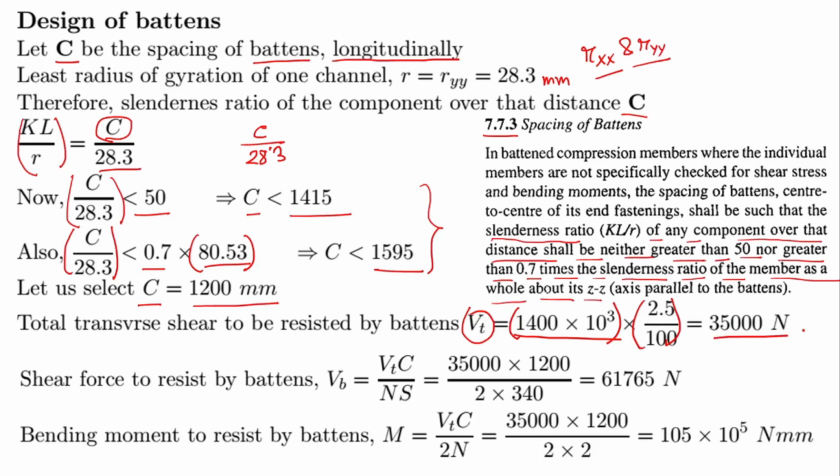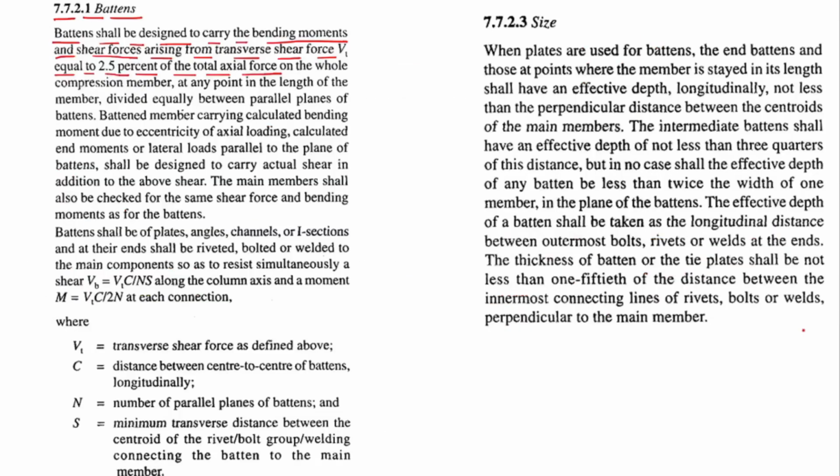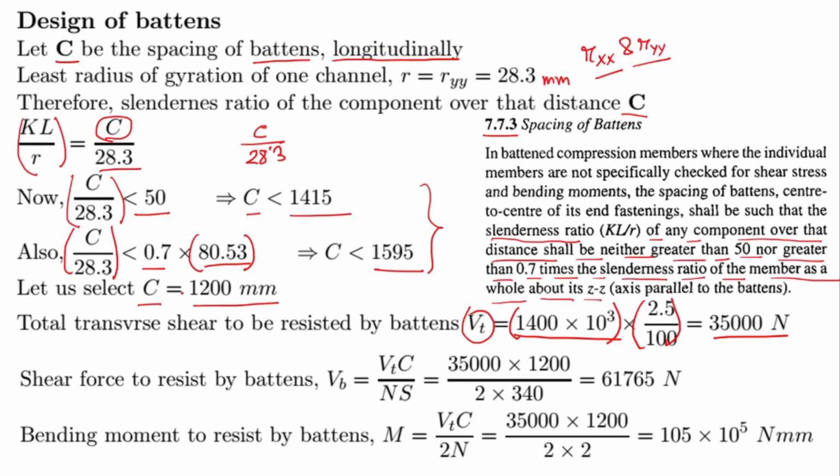Next, shear force to resist by batten. If you see the formula, shear Vb equal Vt C divided by N S. So Vt is the transverse shear, 35,000. C is the center to center distance between the two battens, it is 1200.